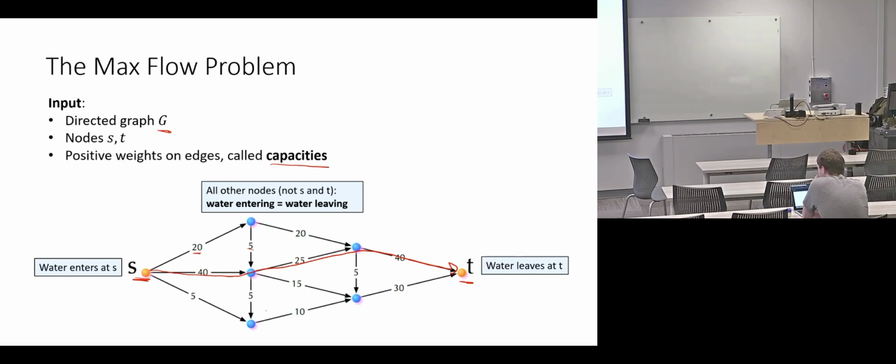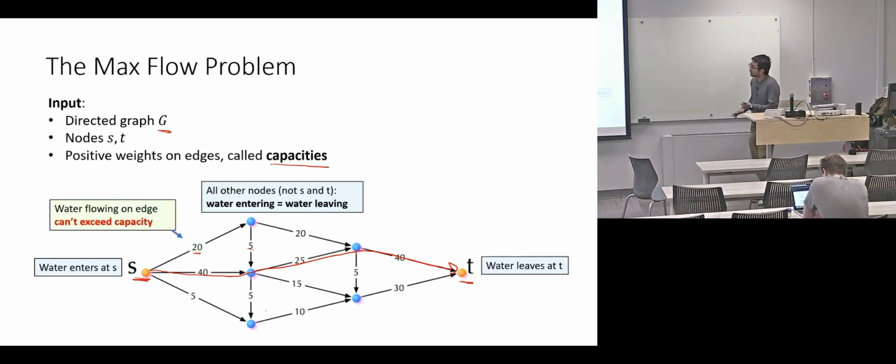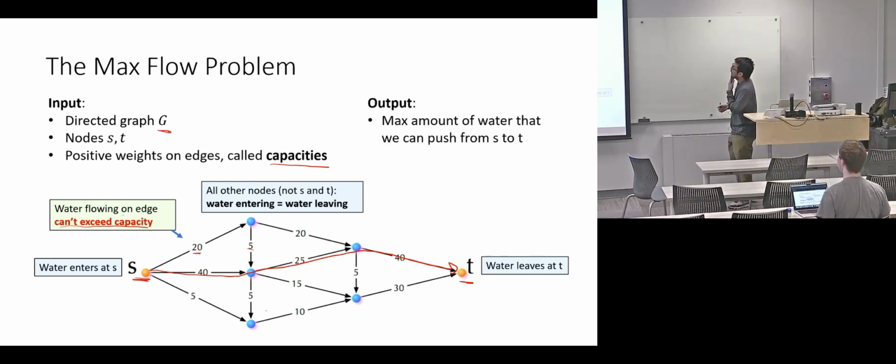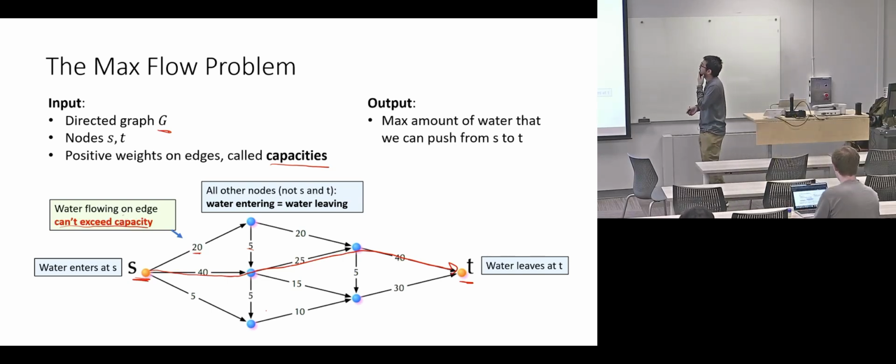This should be the rate of flow. If you send water at a rate of 1 through here, then it should go out with rate 1 from the same node. But water needs to respect capacity. The water through each edge cannot exceed the capacity. And the goal is to maximize the amount of water that you can push from S to T.